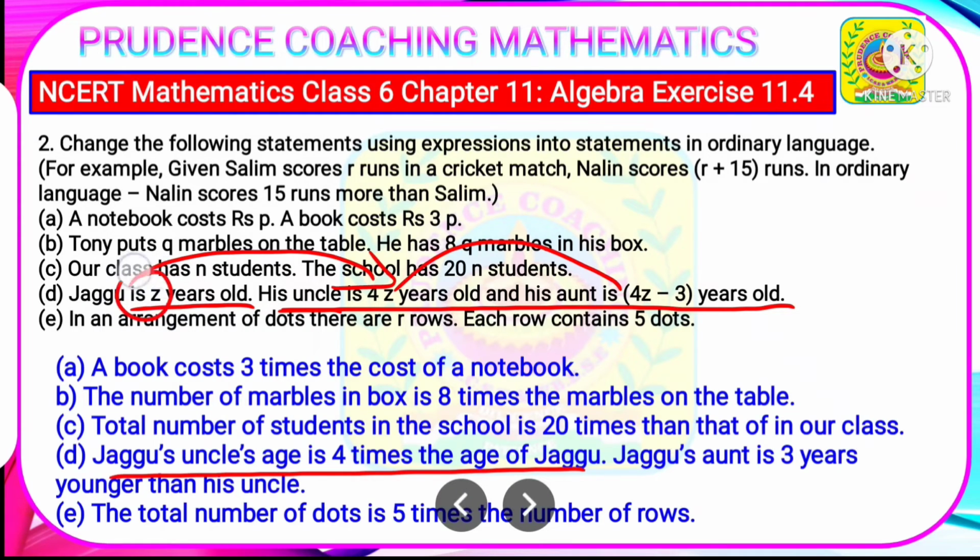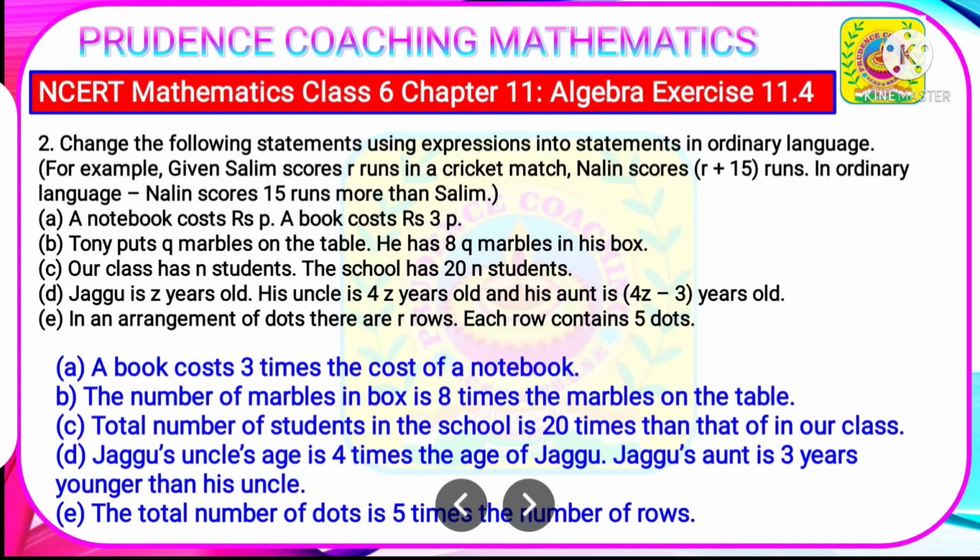If we multiply Z into 4, you will get uncle's age, that is 4Z, and Jaggu's aunt is 3 years younger than his uncle. If his uncle's age is 4Z, from there if we subtract 3, we'll get his aunt's age, that is 4Z minus 3. So we are going to write like this. Jaggu's uncle's age is 4 times the age of Jaggu. Jaggu's aunt is 3 years younger than his uncle.